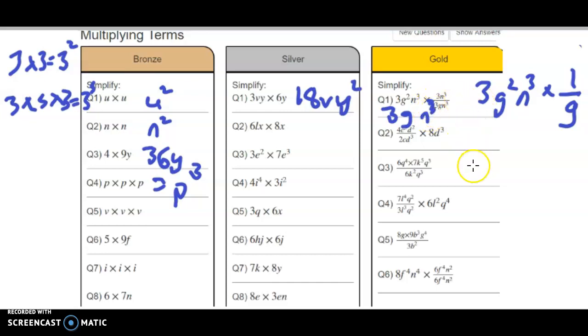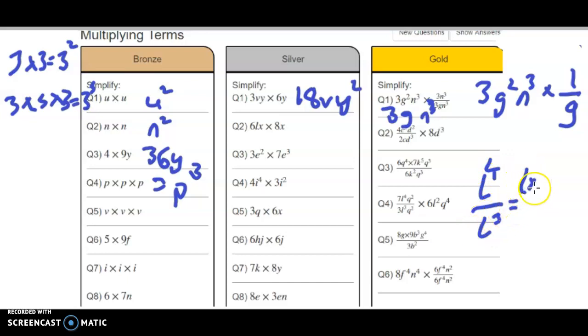When you've got these crazy ones, they're looking really scary. Just simplify as much as possible. What can you divide top and bottom by? Well, there's L to the power 4, L to the power 3. I just imagine the question was just this, L to the power 4 divided by L to the power 3.